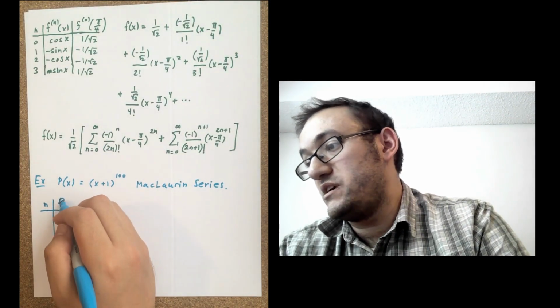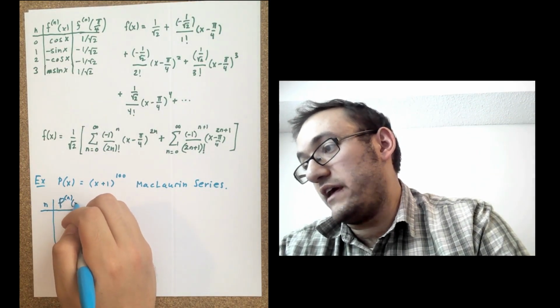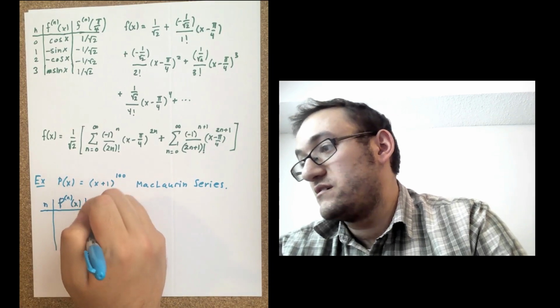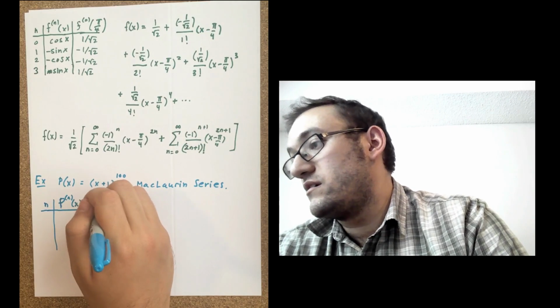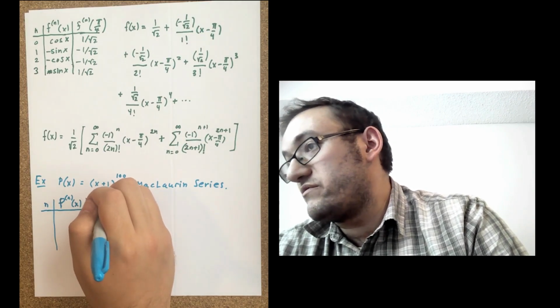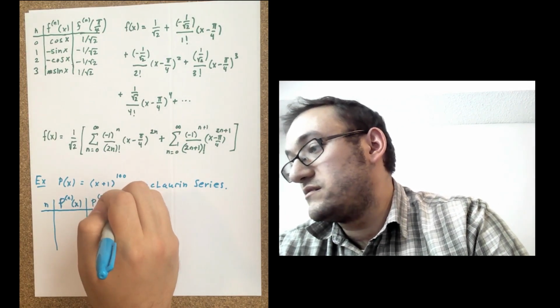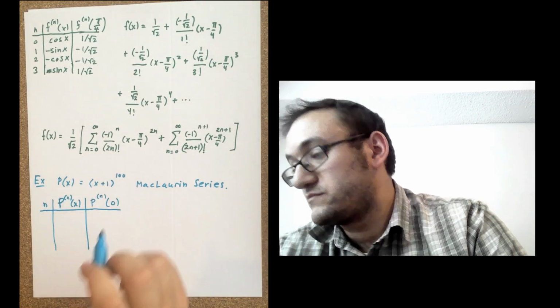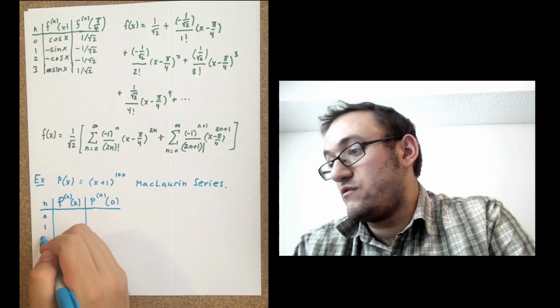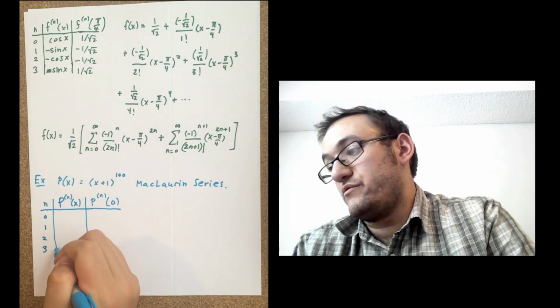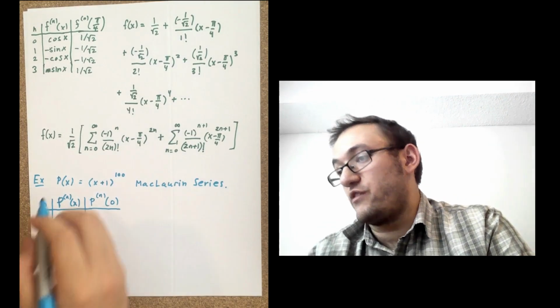Let's call this p, the nth derivative of p of x, and then the nth derivative at 0. Okay, so we'll start with 0, 1, 2, 3. We'll see how far we want to go.